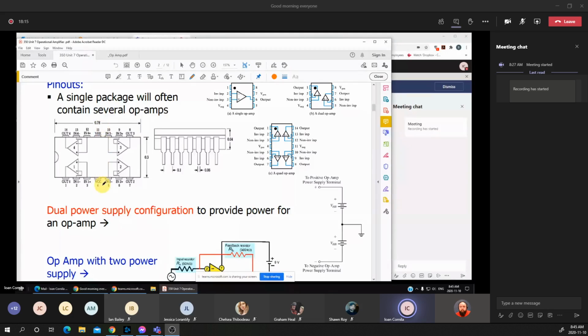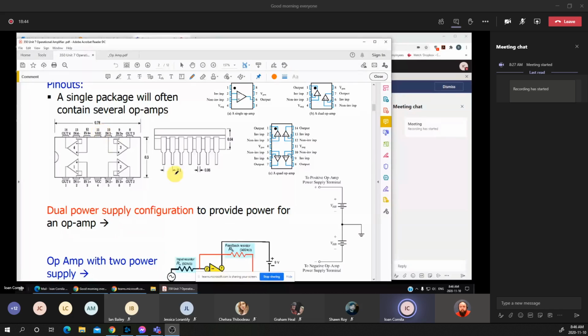Remember that the VCC and the VEE are borrowing the notation from the BJTs: VCC as the positive voltage, the VEE as the negative voltage. We may see another notation from a MOSFET. Remember that in a MOSFET, we used to have the VDD and the VSS.